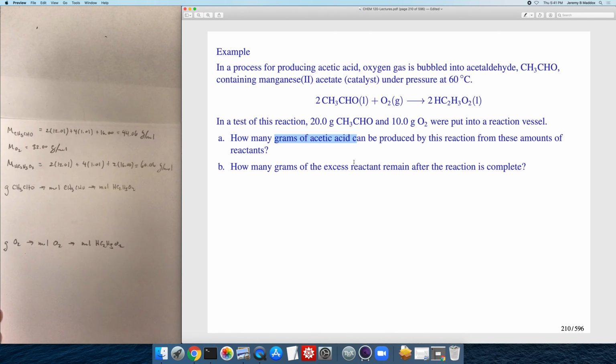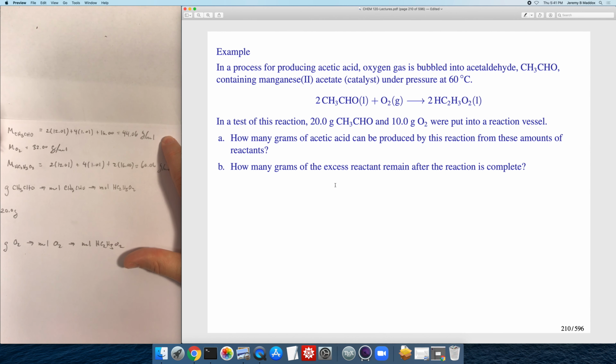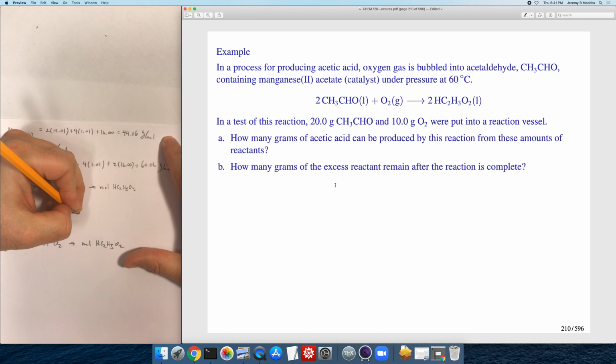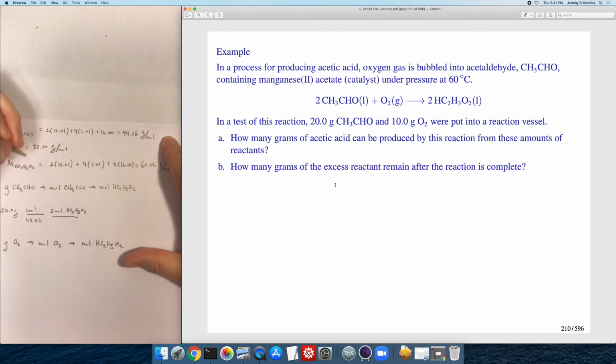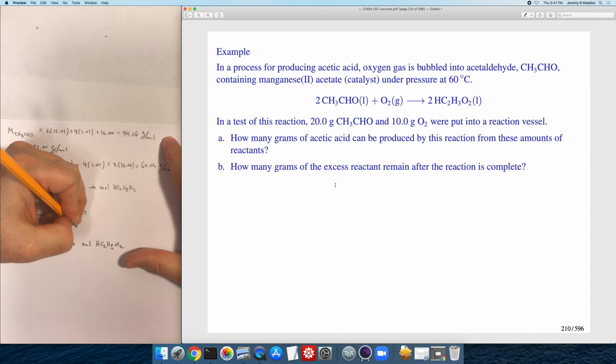So we've got 20 grams of the acetaldehyde. The molar mass is 44.06. And then from the reaction, there are 2 moles of acetic acid for every 2 moles of the acetaldehyde.